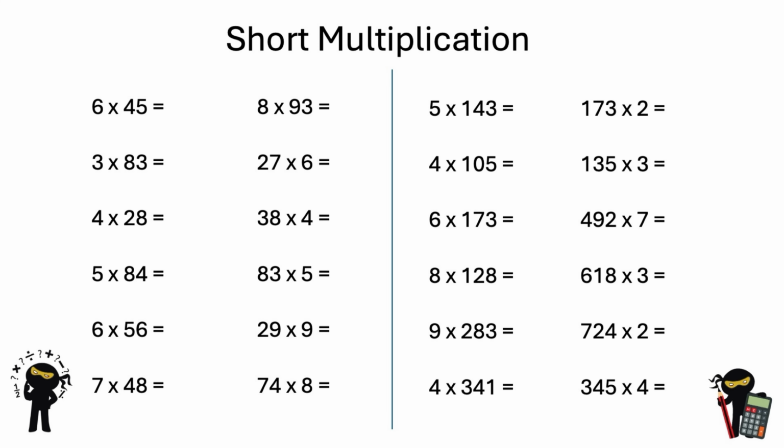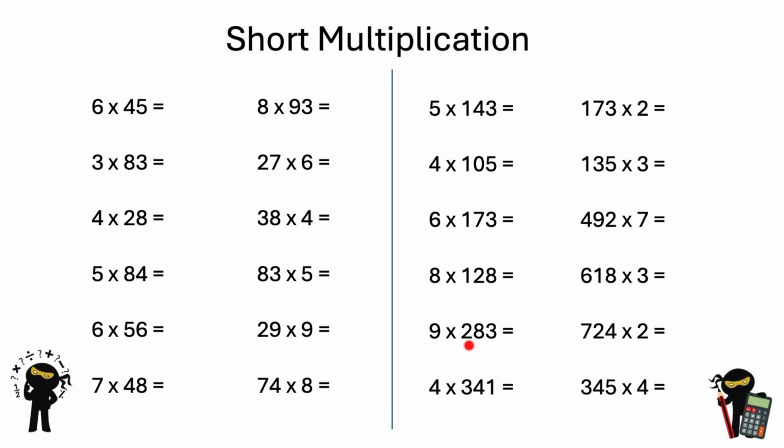And also, just here, look at the difference between these questions and these questions. The only difference is the 2-digit number is presented on either side of the multiplication symbol. And again, this might happen just to throw you and you think, oh, how do I present that? You just present them exactly the same way. Okay, multiplication can be done either way. So you've got 38 times 4, or 4 times 38. The answer's the same.